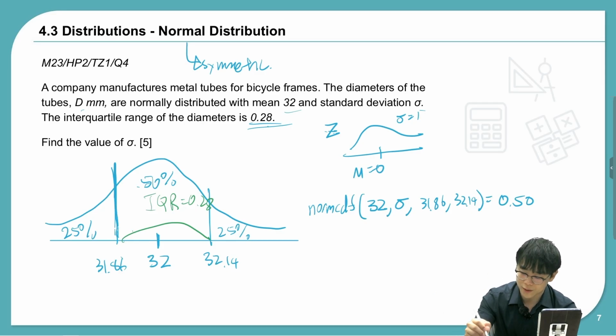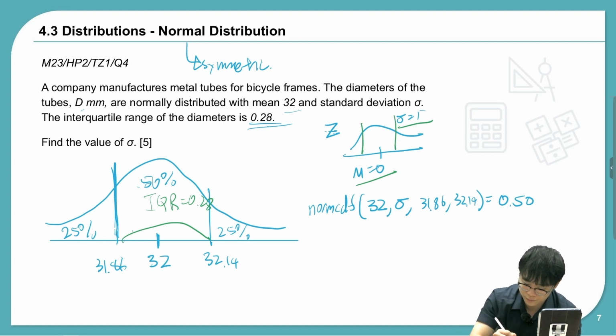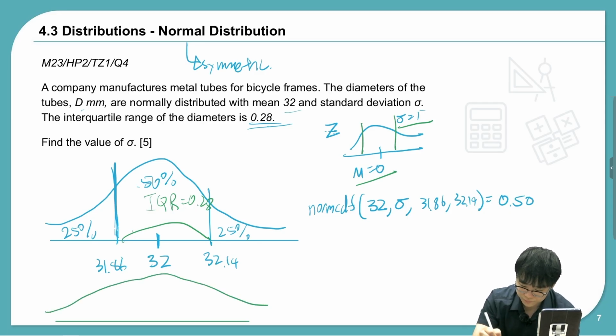So recall that standard normal distribution from earlier, right? If you have mean 0, sigma 1, what would this have to be, right? So we could draw a standard normal distribution right below. So if the mean was 0 and standard deviation is 1, then we can find the boundaries, the z-scores for here and here.